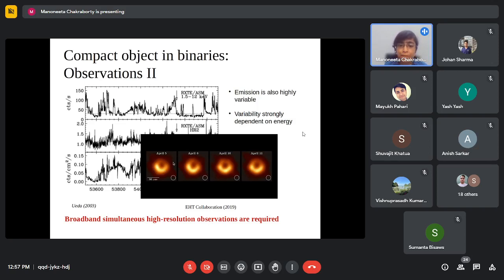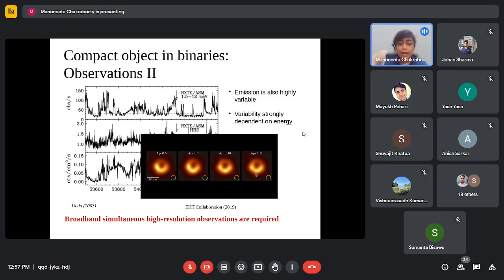And if you keenly see these images on the different days, you will see that even in the image of the black hole, you can see the intensity pattern changing. The ring pattern, here it was bright, here it is not so bright. In other words, the change in the intensity pattern, the variability, is also seen in these images that were taken by the Event Horizon Telescope.